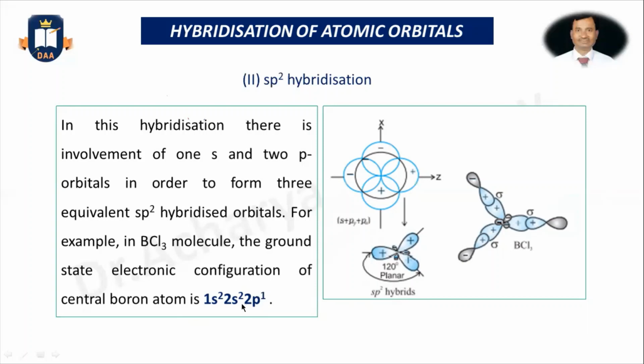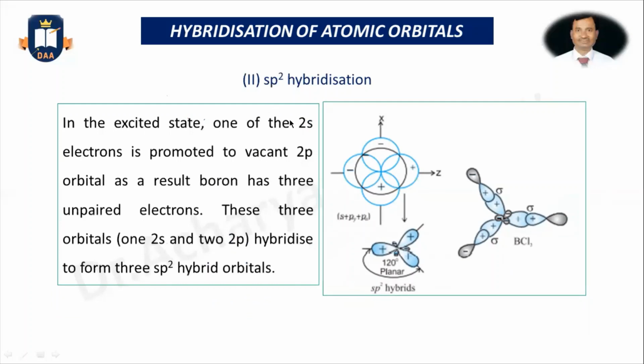So in the excited state, the 2s electron is promoted to the vacant 2p orbital. As a result, boron has three unpaired electrons. And these three orbitals, that means the 2s and two 2p orbitals, hybridize to form the three sp2 hybrid orbitals.